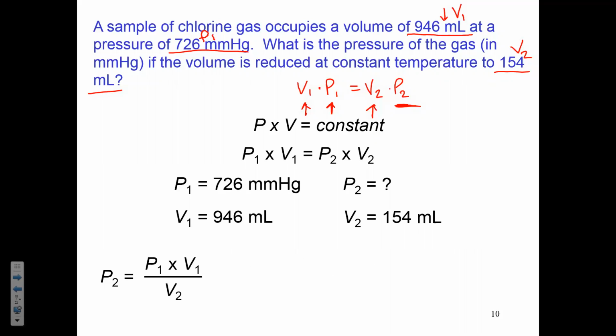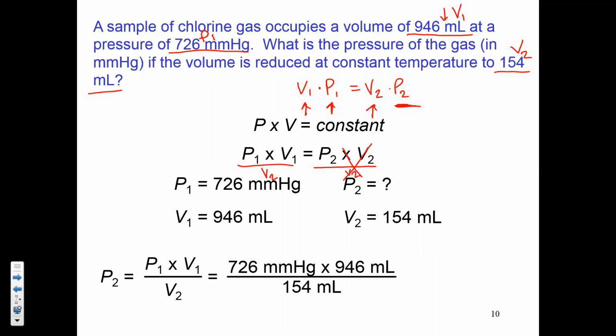Okay, which if we're taking this equation, all we have to do is take P2 divided by, and that cancels that out and gets P2 by itself. And what we do to one side, we do to another side. Okay. So we end up with P1 times V1 over V2 equals P2. Then we can just plug in the numbers.